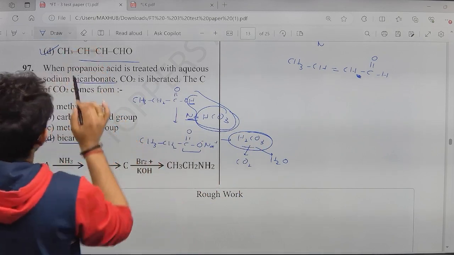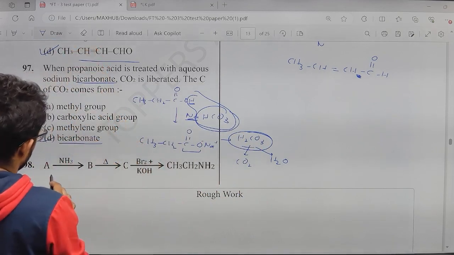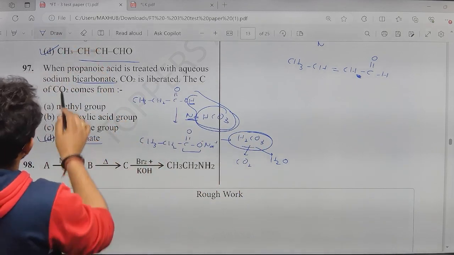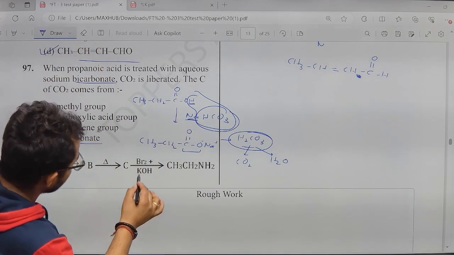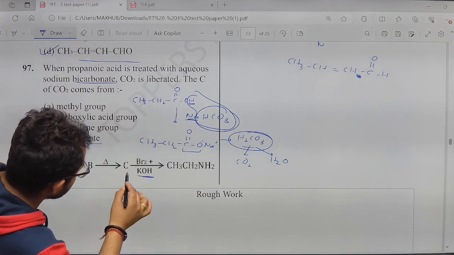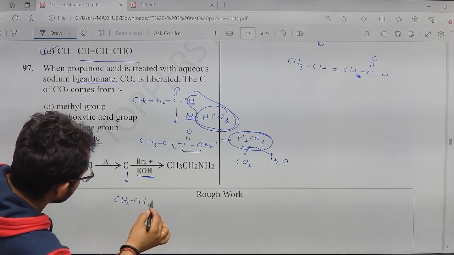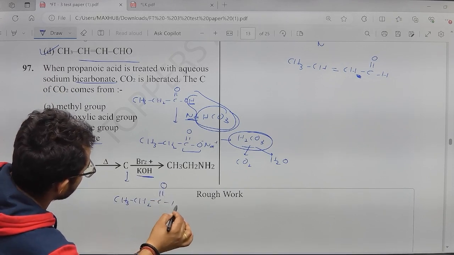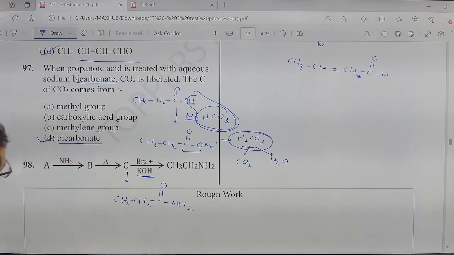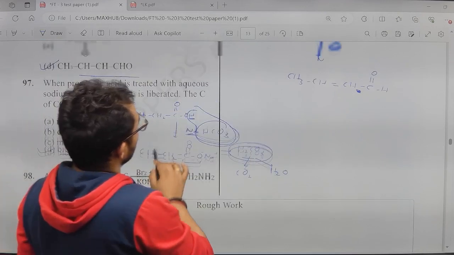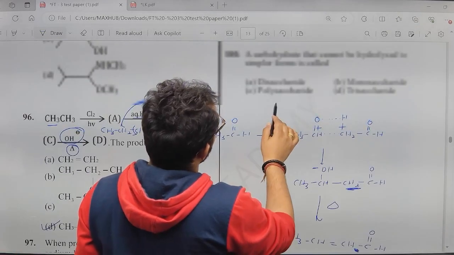Now question number 98. Okay, let's see. It is Hofmann bromamide reaction. So what is C? C is CH3CH2CONH2. It is Hofmann bromamide reaction, obviously. And yes, if you will see the options, definitely there will be some acid or acid derivative.